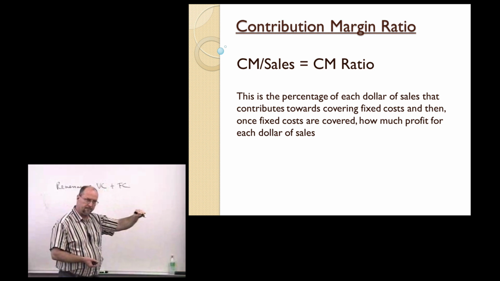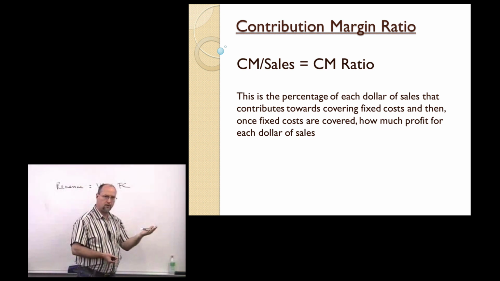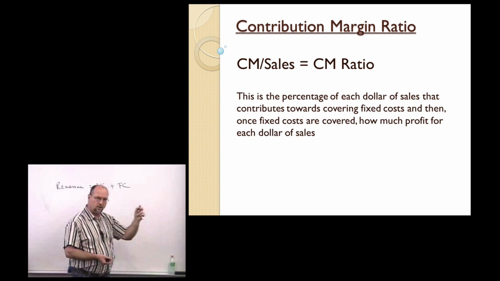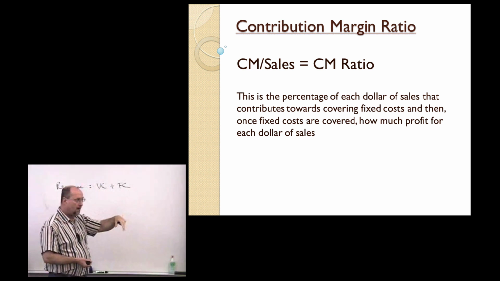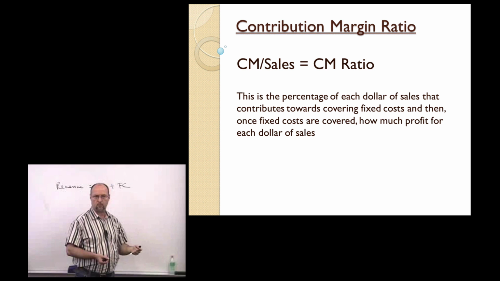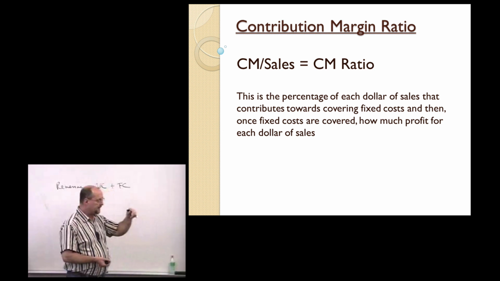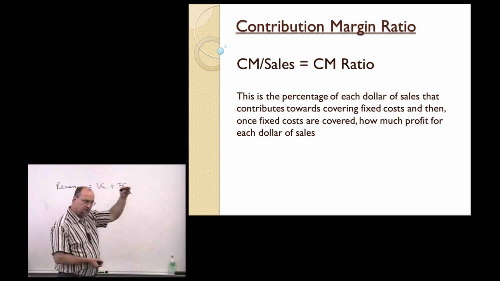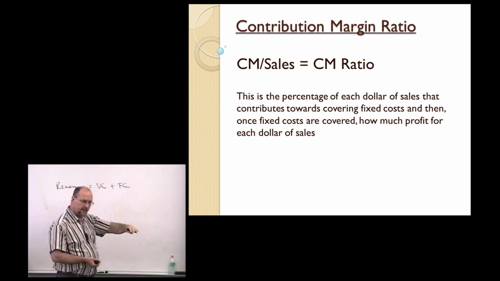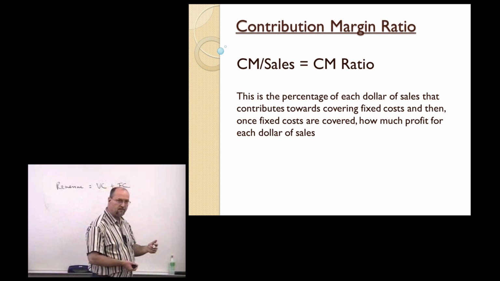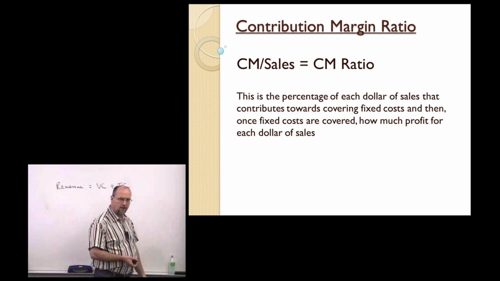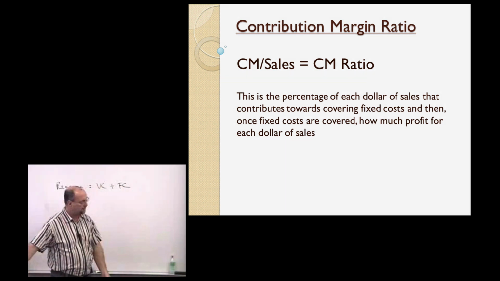Remember that? It stayed the same. That gives us contribution margin per unit. We can do this on a total basis. Sales minus variable cost equals contribution margin. And we can do it on a per unit basis as well. Okay? And then contribution margin, which again is sales minus variable costs, contribution margin divided by sales tells us the percentage of each dollar of revenue that helps to contribute to cover our fixed costs. So we're going to do some examples.